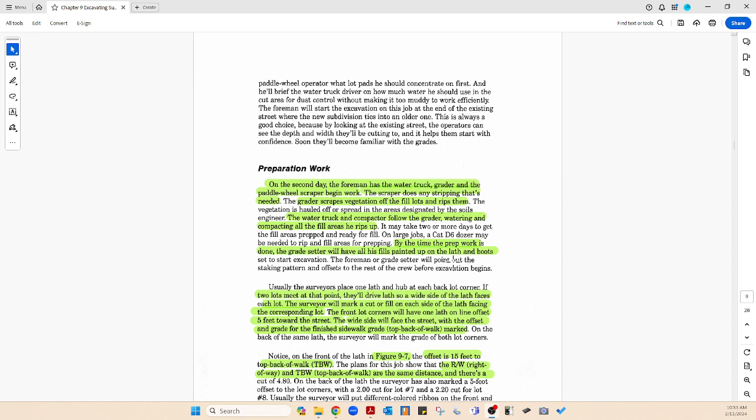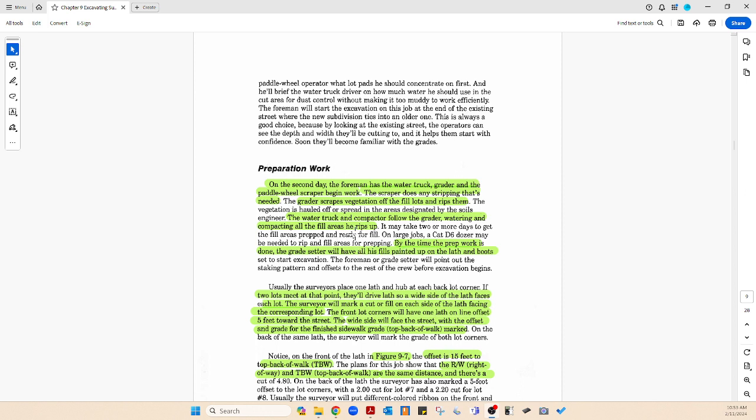Like cut is, it's just all different, but it's all understood by operators, grade setters, and the rest of the crew. I don't want to leave this. Let's see, I'm talking about the second day. Let's see where we're going next and check with my notes so you see that I've covered everything.